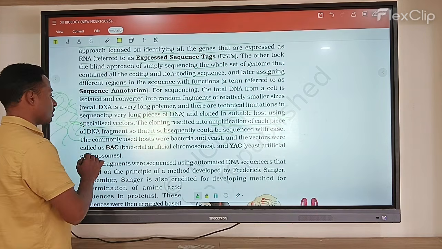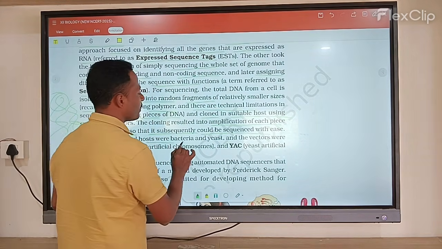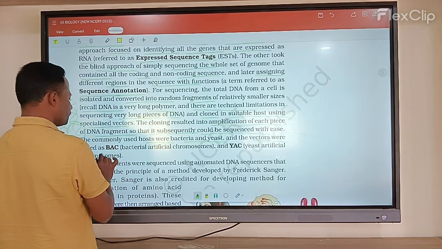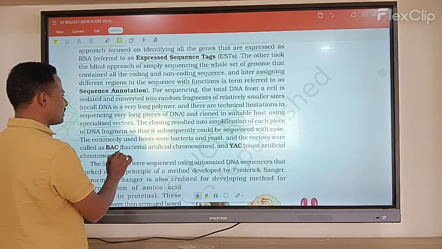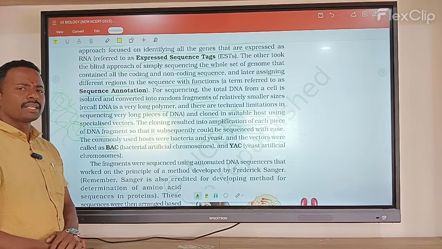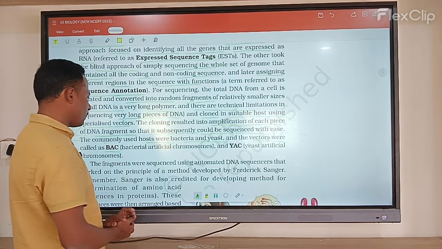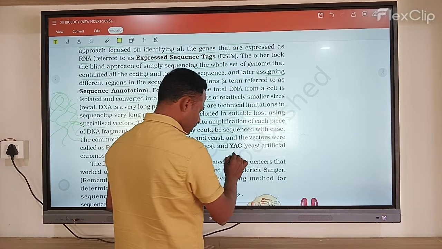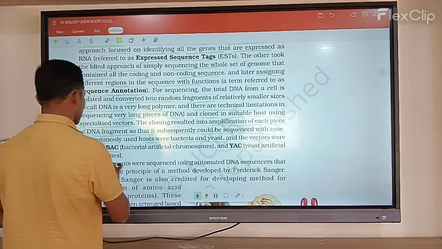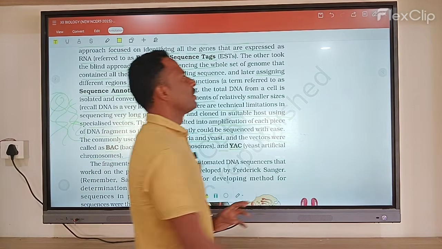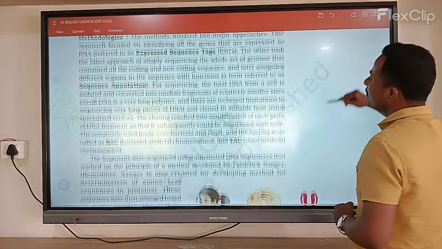The commonly used hosts are bacteria and yeast, and the vectors are called bacterial artificial chromosome and yeast artificial chromosome. So the total DNA sequence can be changed with the help of the bacterial artificial chromosome and yeast artificial chromosome. Based on these, we can easily change the chromosome sequence.